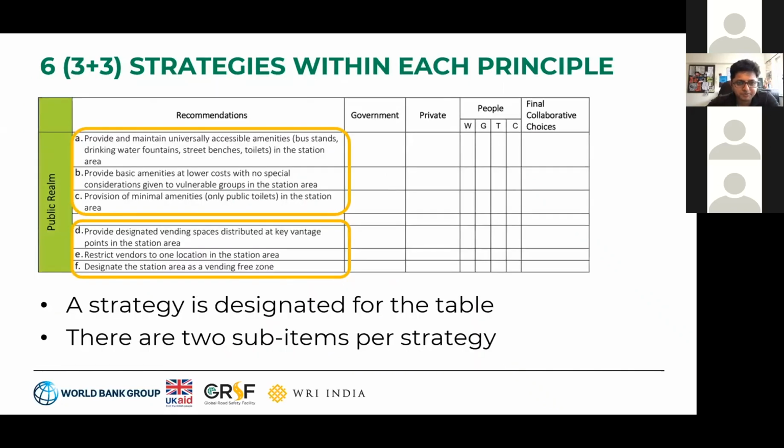Next one. When you look into one of these tables, it has two sets of strategies mentioned. The first three are clustered as one set of strategies, and D, E, F are clustered as the second set of strategies. Abhishek, can you click one more time?